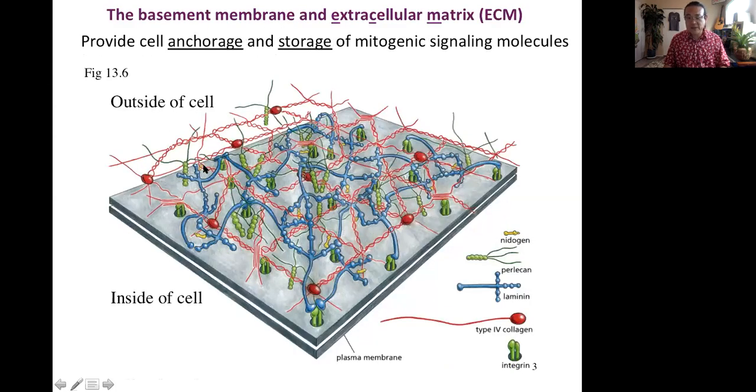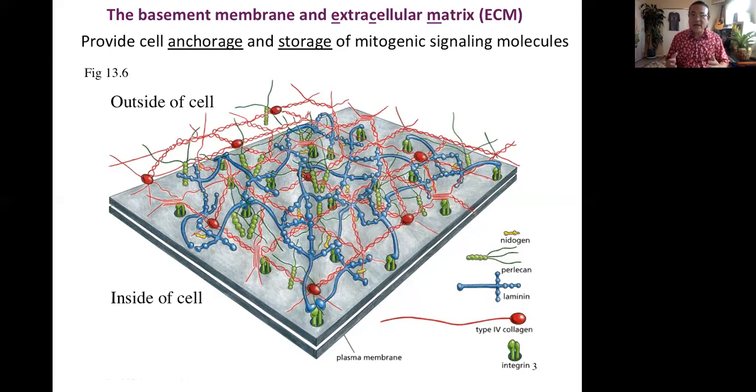So what is the basement membrane? In the previous images, it looks like the basement membrane is almost like a cloth or something like that. It's important to keep in mind that the basement membrane is really just a specialized form of what we term the extracellular matrix.